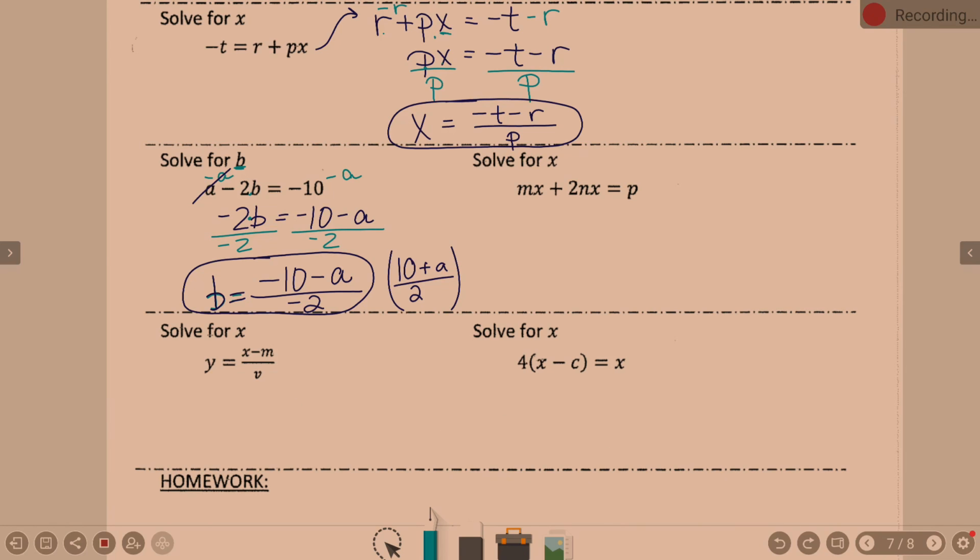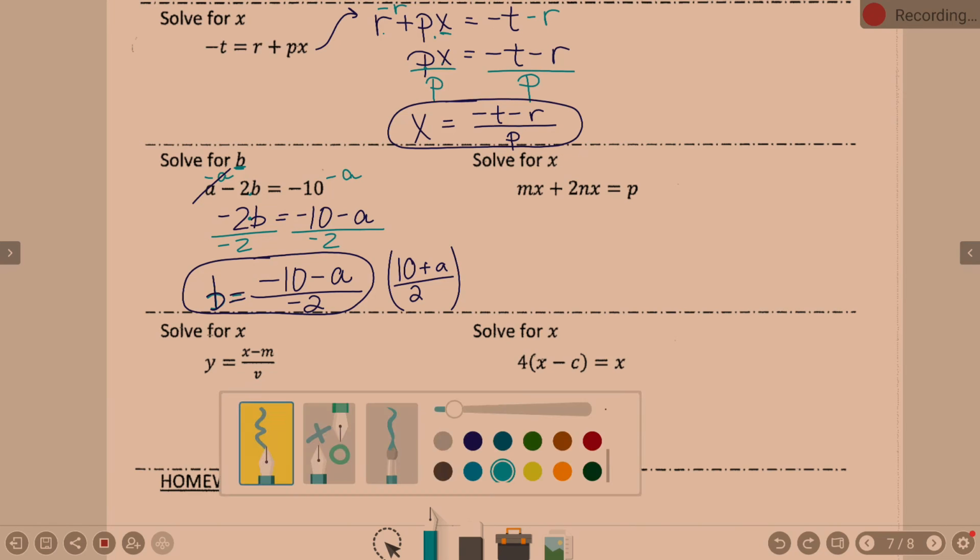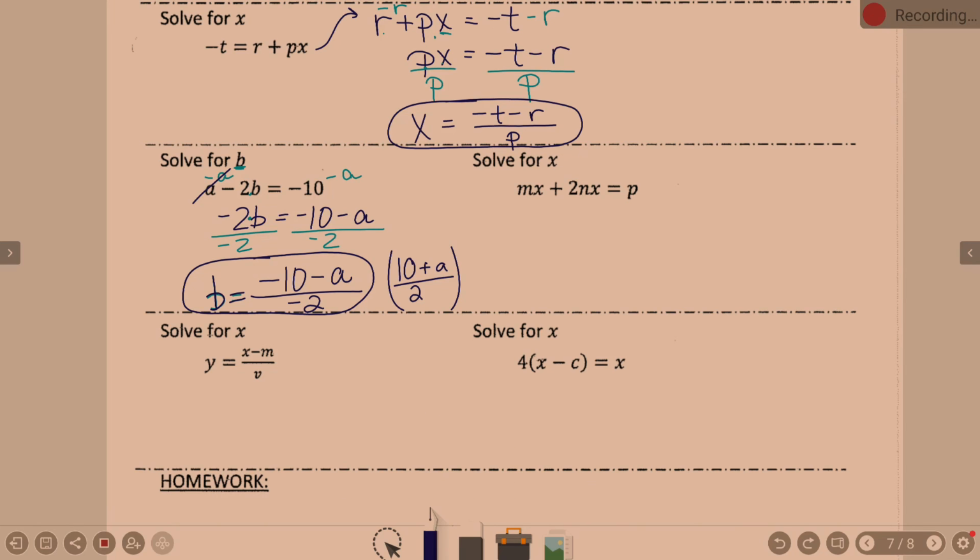So what I'm going to suggest, and I can do this because both x's are already on the same side, is that we factor out an x. Let's take x and factor it out front because they both have an x in common.